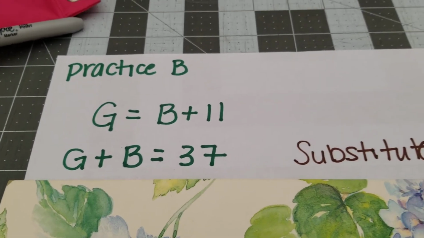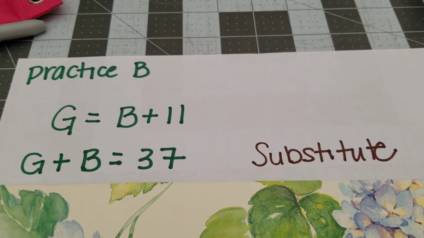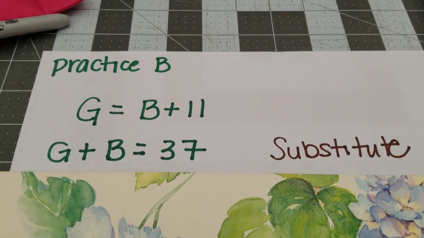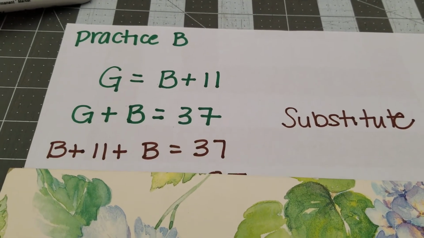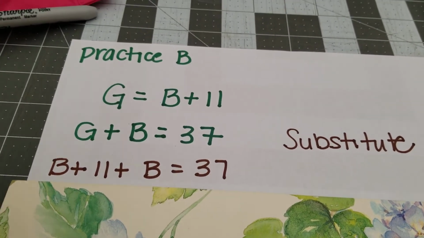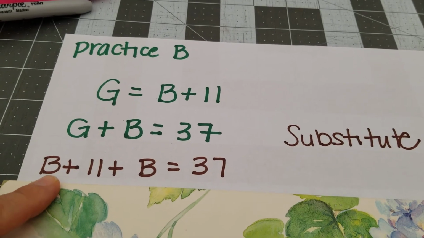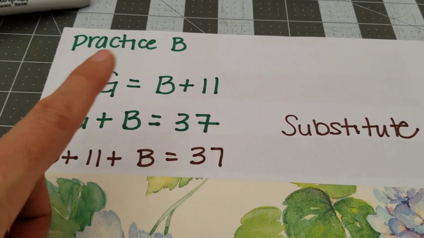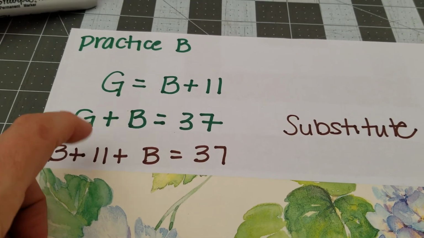This one is easy to do with substitution because it already has G equal to B plus 11. To practice substitution, I plugged in B plus 11 for G, so B plus 11 plus B equals 37. I'm substituting that first equation into my second equation.